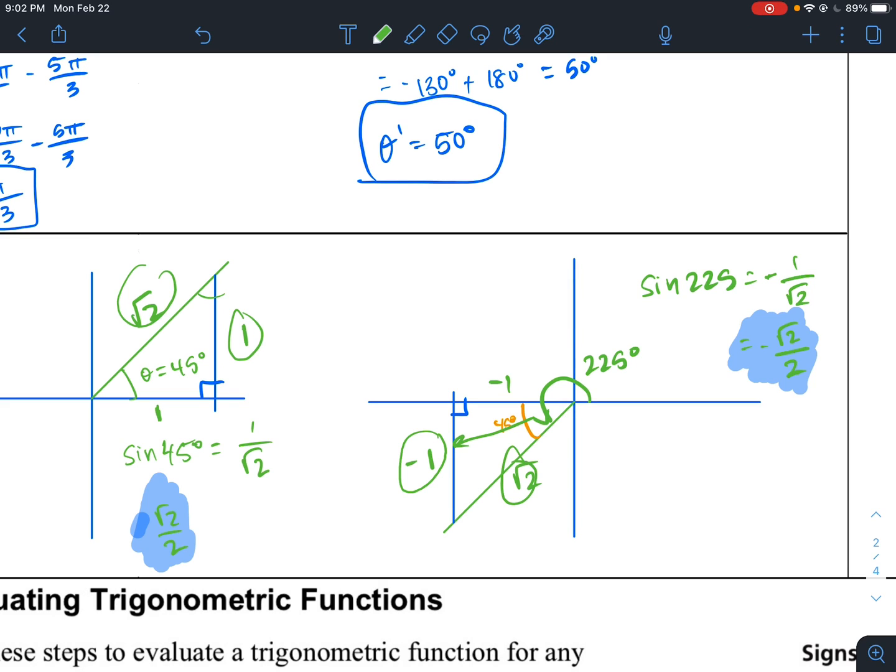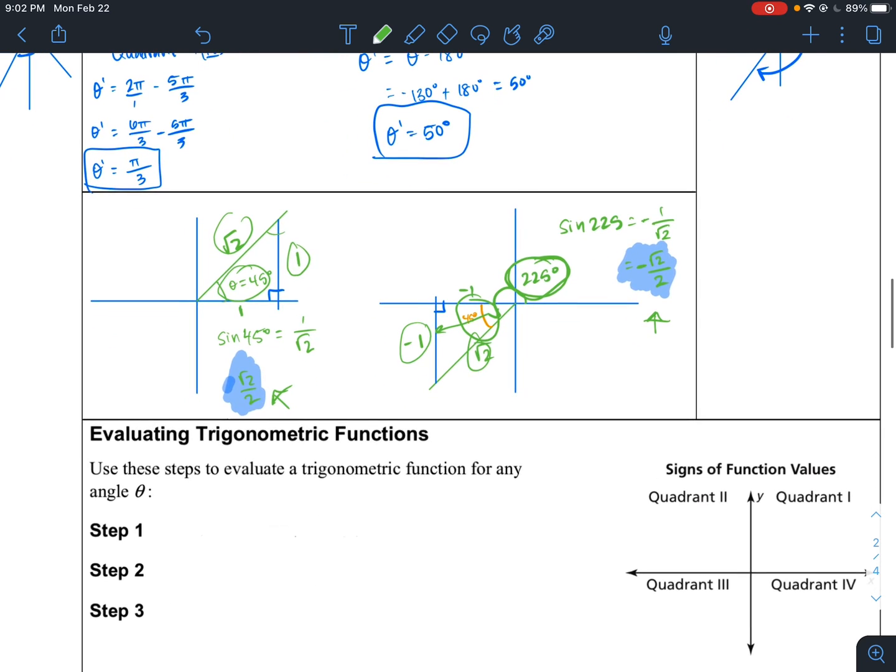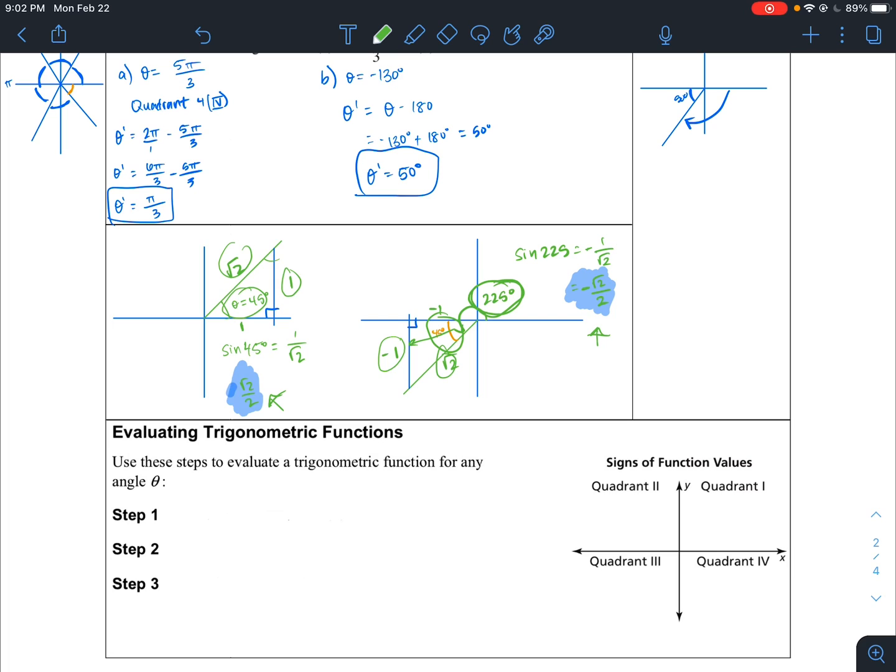That's because if you have theta equal to 45 degrees or theta equal to 225 degrees, this theta right here creates a reference angle of 45 degrees, so their values will end up being the same, just with a different sign. This one's negative and the one on the left is positive. That's why we use reference angles: in cases of special triangles anyway, all we need to know is the sign that changes in the answer.